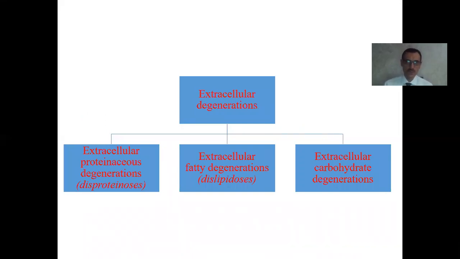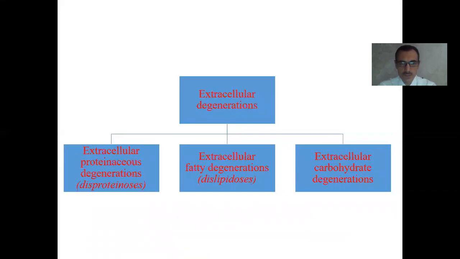I hope you remember the definition of the degenerations that we discussed in our previous lecture, and we discussed in detail the intracellular or parenchymatous degenerations. Today, we are going to discuss the extracellular degenerations.